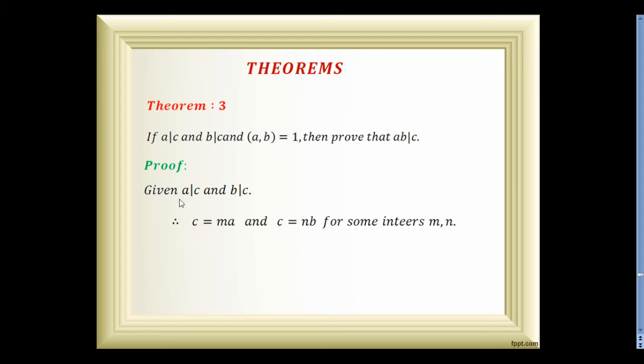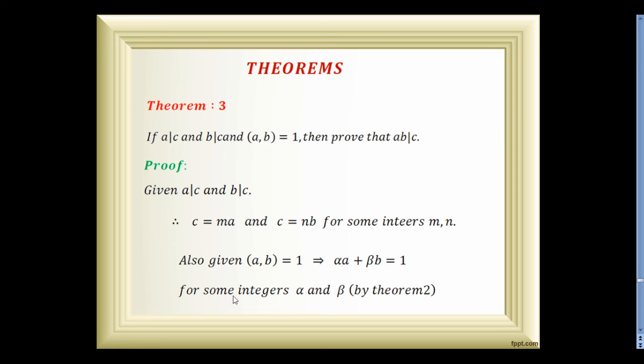We are able to write c equal to some constant M into a, and b divides c can be written as c is equal to N into b, for some integers M comma N. Also, GCD of a comma b equal to 1 is given in the statement. If this is true, we can write it in a linear form alpha a plus beta b is equal to 1 for some integers alpha and beta by using theorem 2.